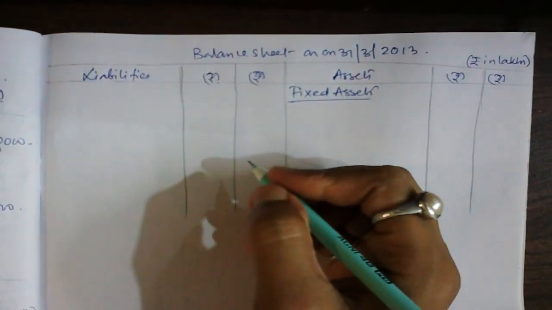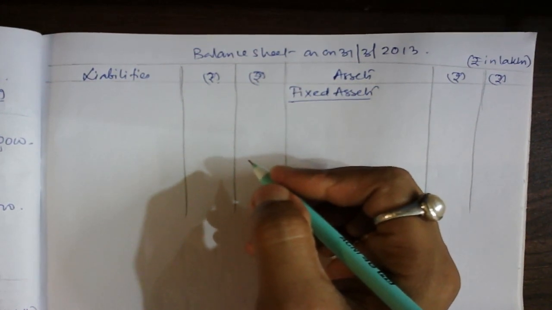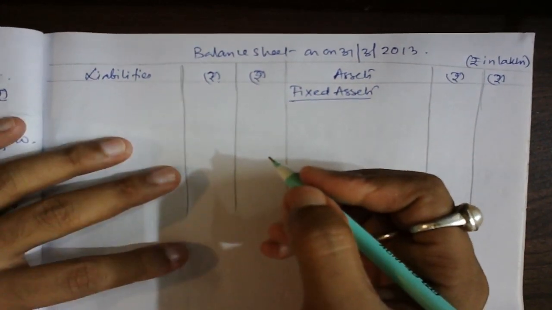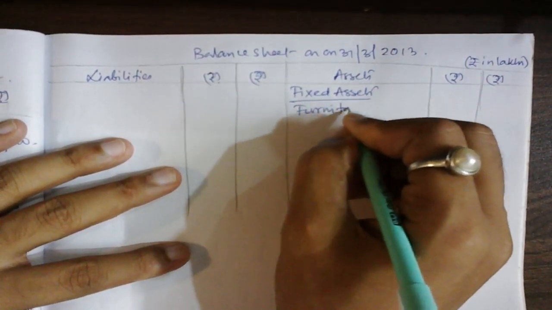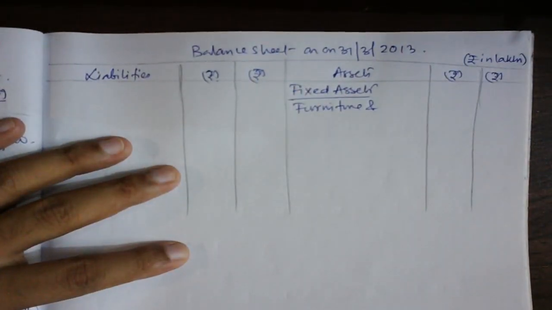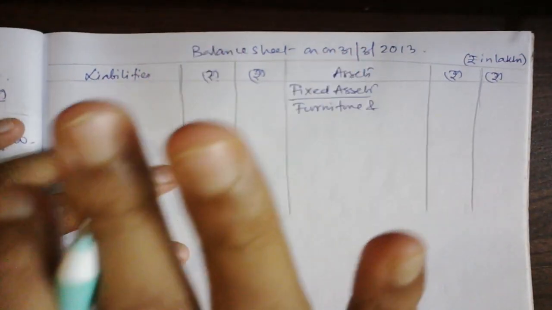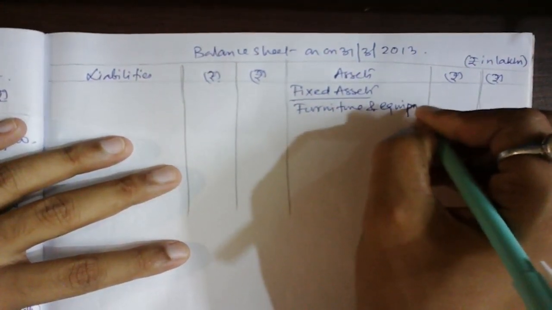If you see, we have only furniture and equipment in the fixed assets, nothing else. So you can plot it at first. Whatever the balance is given, it's a final balance, क्योंकि depreciation जो है ऑलरेडी वो फर्नीचर के अकाउंट में चार्ज हो जाता है, and the depreciation is already charged in the furniture ledger, so we need not separate the things. Where we are going to write furniture and equipment, okay, is how much, 18 lakh.